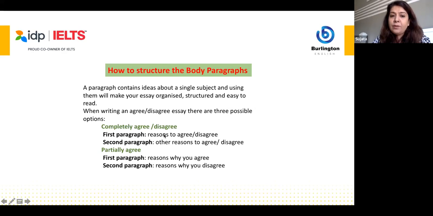So if you were writing a body paragraph for a 100% agreement or disagreement based essay, then since it's 100%, your reasons to agree or disagree would sit here. Your second para also will have another reason to agree or disagree, but a reason may be projected in 1.5 lines, 2 lines. So that's not enough for a body paragraph.